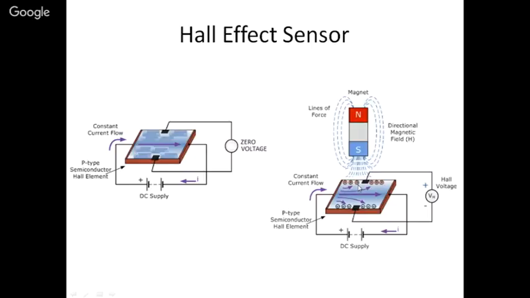So from a Hall effect, either we can get a voltage by bringing a magnet nearby, or we can have a magnet nearby with some voltage, and then strengthen the field or increase the flux density.